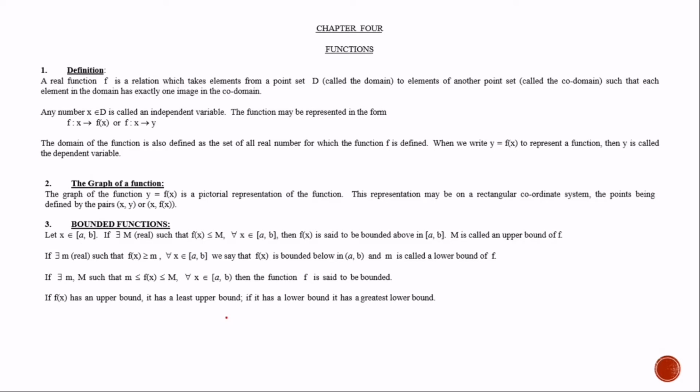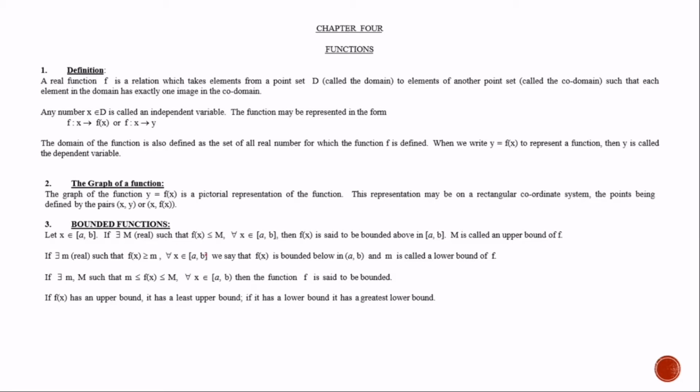With the bounded functions, let x be a subset of [A, B]. In my previous videos, we talked about bounded sets, with the closed and the open set. The closed set is enclosed with square brackets, and the open set with parentheses.